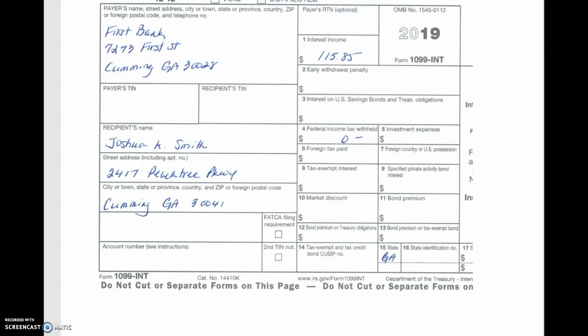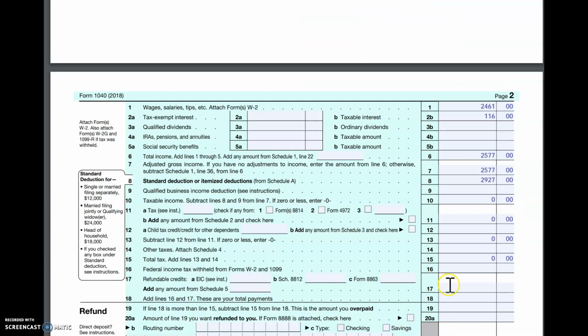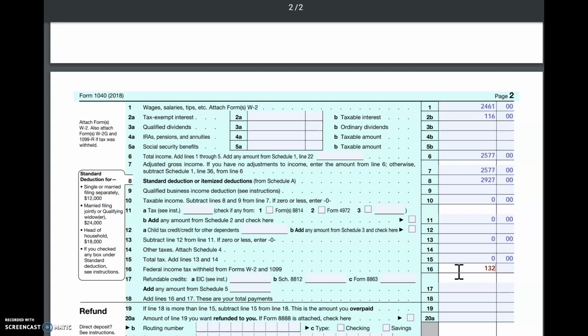Let's go over to the 1099 INT. When I look at the 1099 INT, line 4, federal income withheld, they withheld 0. Back to my 1040. So the amount that was withheld for federal taxes was $132. Again, we are rounding.